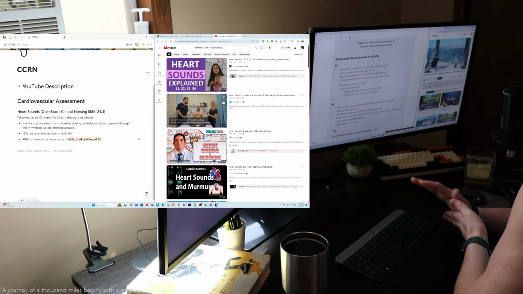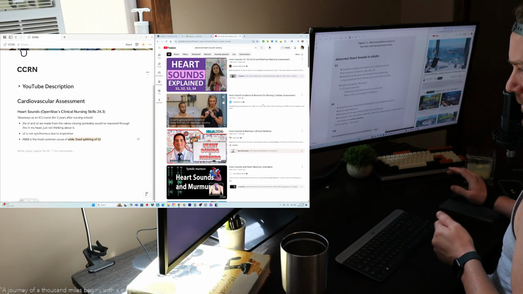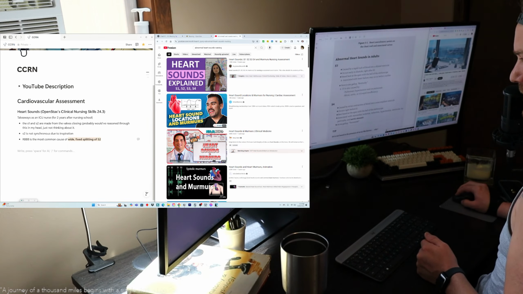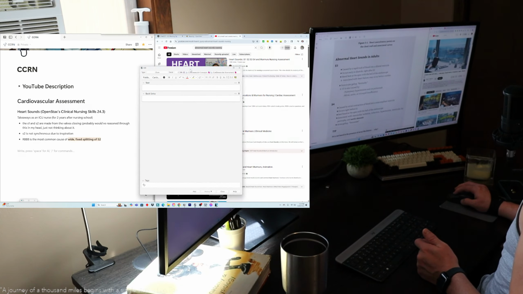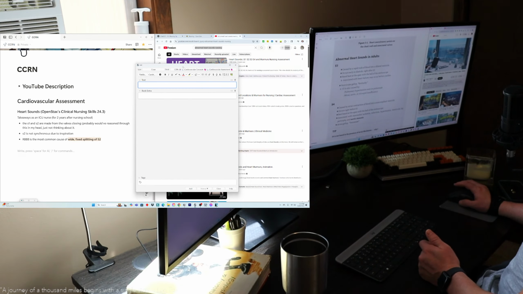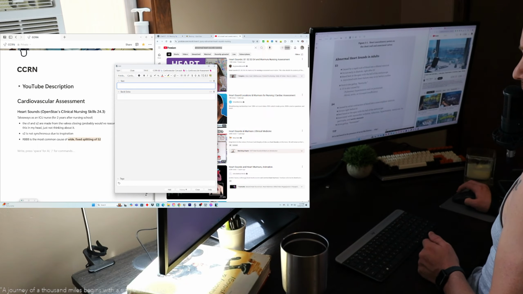So we're going to be looking at S3 and S4 heart sounds, which are abnormal. So let's get our cardiovascular assessment concepts here in Anki.